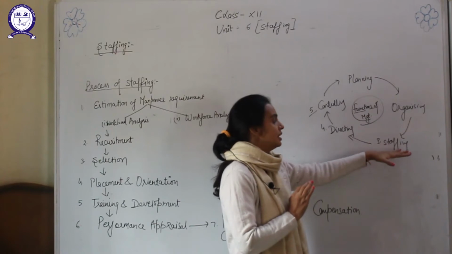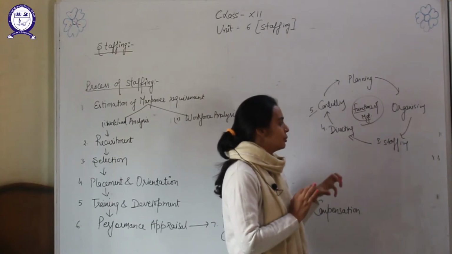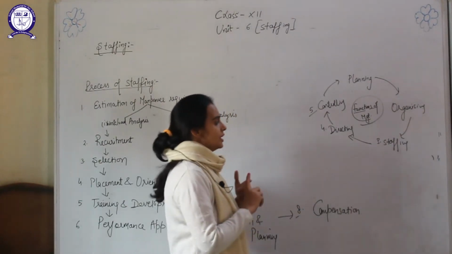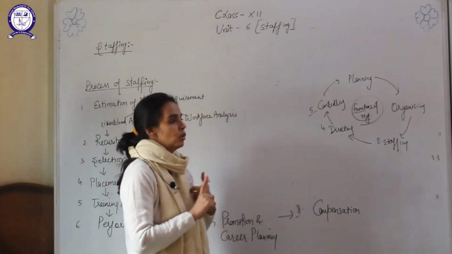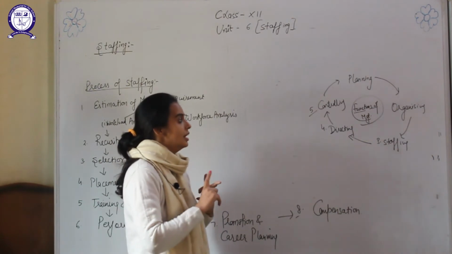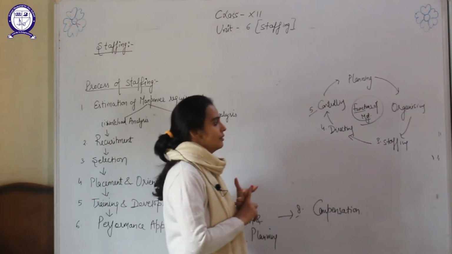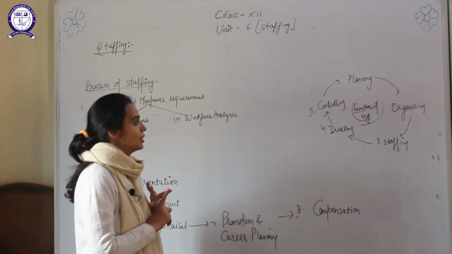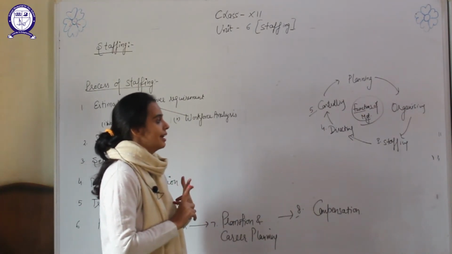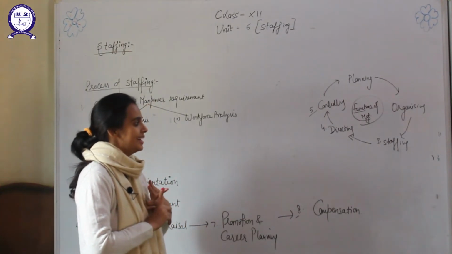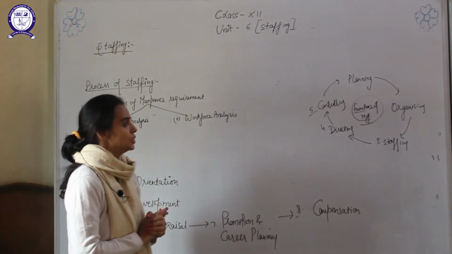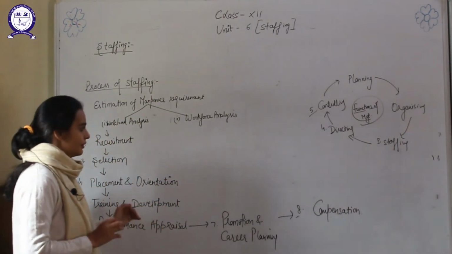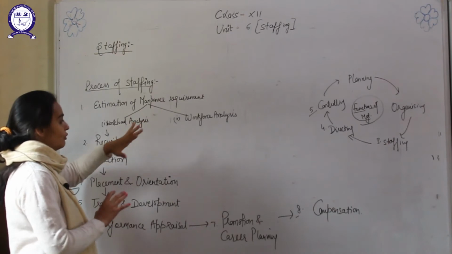Staffing is basically appointing the right skilled employees and keeping positions filled, because if there are excess employees, the cost of the employees will increase, and if the organization is understaffed, the work will be hampered. So it's very important in staffing to appoint the right people at the right post at the right time and keep all positions filled. Now we will study the different steps in the process of staffing.